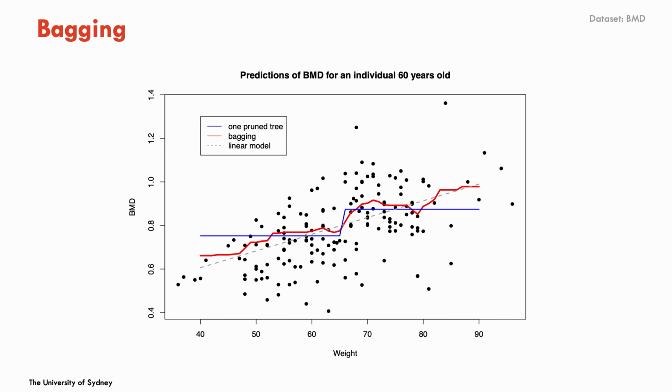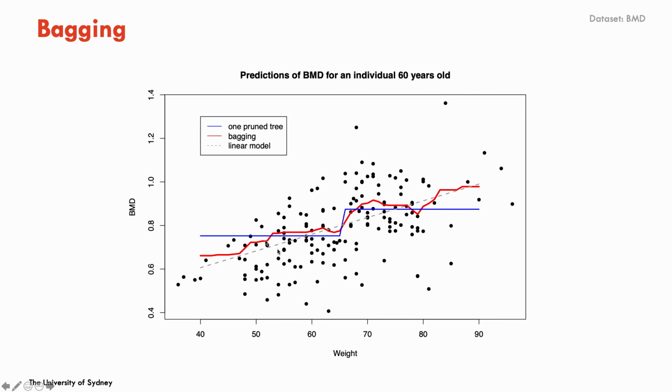Notice, however, that I'm not really showing you the real power of both the trees and also the bagging, which is handling the interactions between the several predictors. Here for representation I have to fix age at 60, but for the linear model I'm assuming an additive effect of age and weight, while for the trees, and by consequence the bagged trees, I allow much more complex interactions between the predictors.